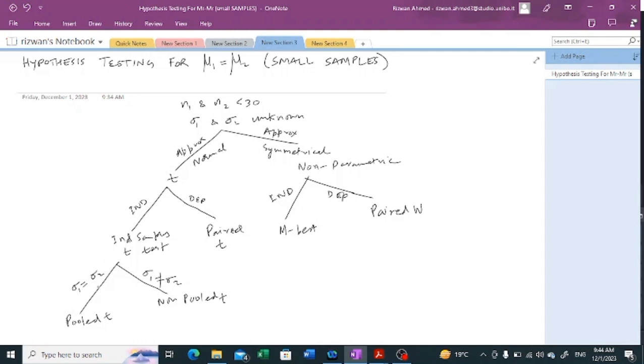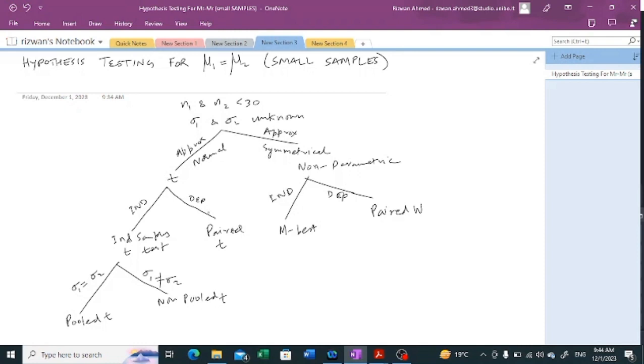If the null hypothesis, that is based upon equality of two variances, is not rejected, it will endorse, in other words, the case of equality of variance. So if variances are equal, then we know that we have to go for pool T. If the variances are found unequal, then we have to go for a non-pool T procedure.